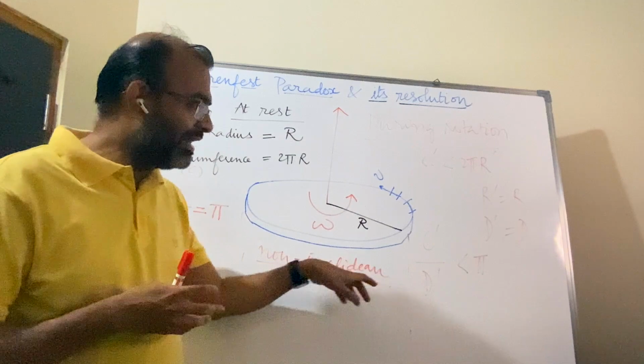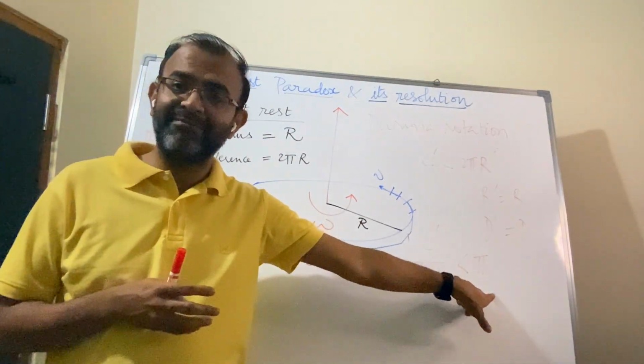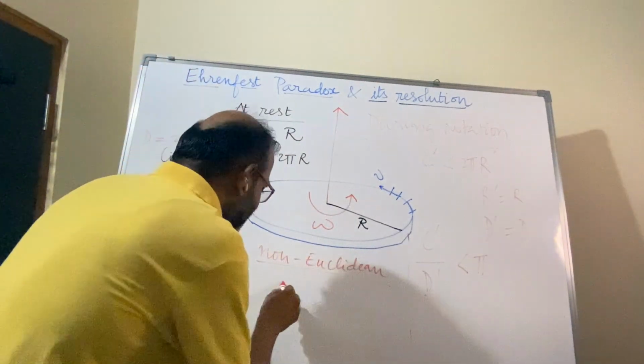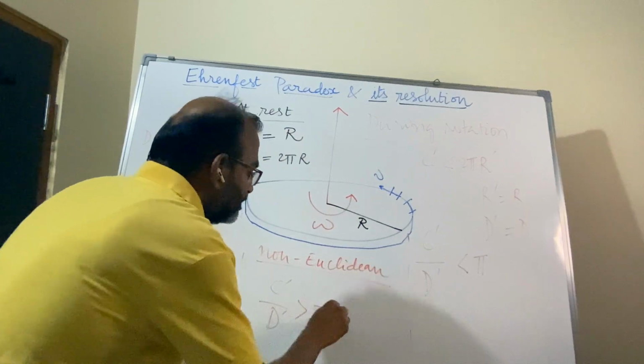In fact, he did not agree with the Ehrenfest argument that it should be less than pi. Einstein had proposed that this ratio must be greater than pi.